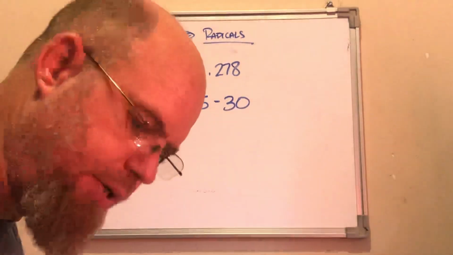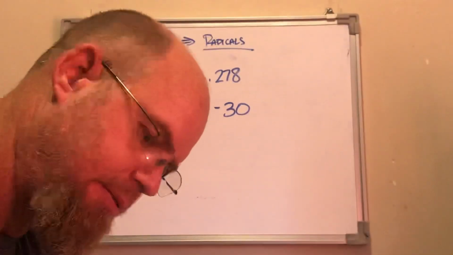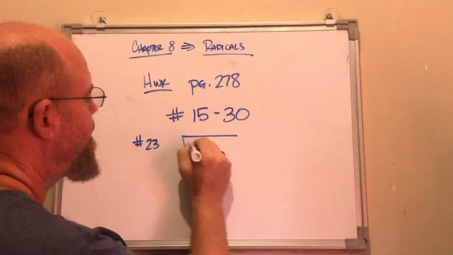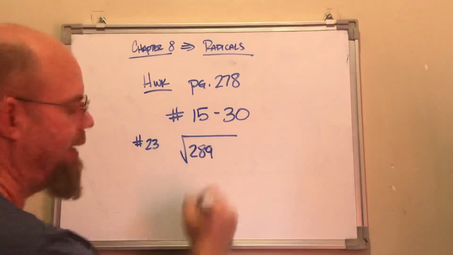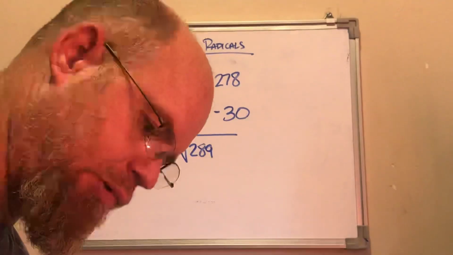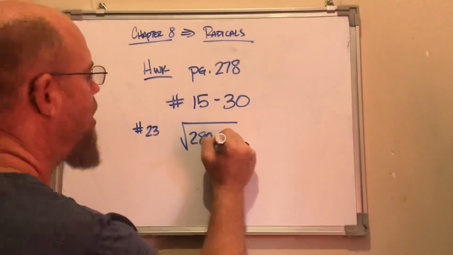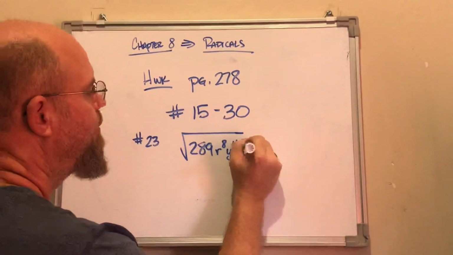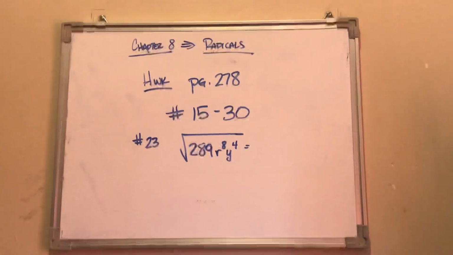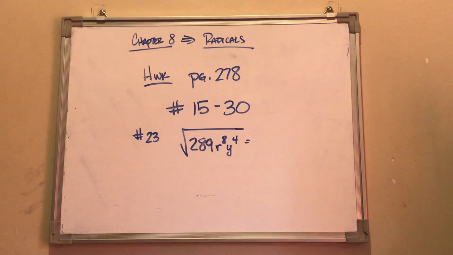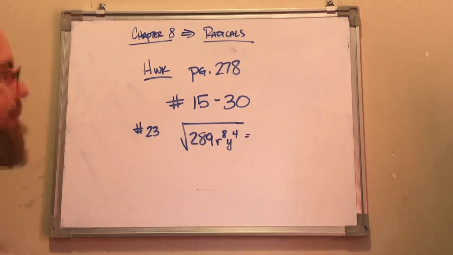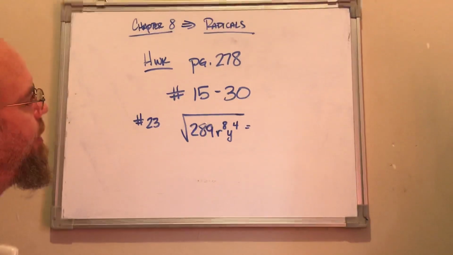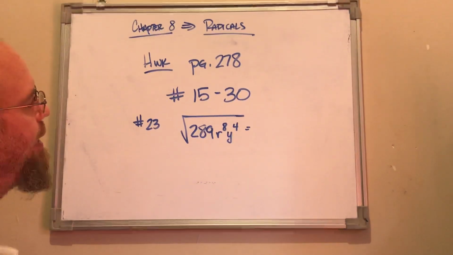Number 23 says the square root of 289 r to the 8th y to the 4th. What does that equal? Well, let's see. Do we have a number that can multiply?